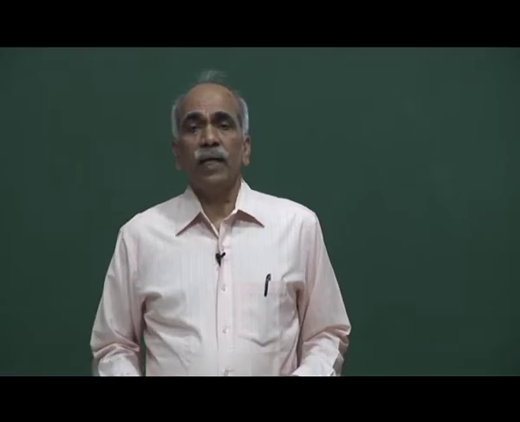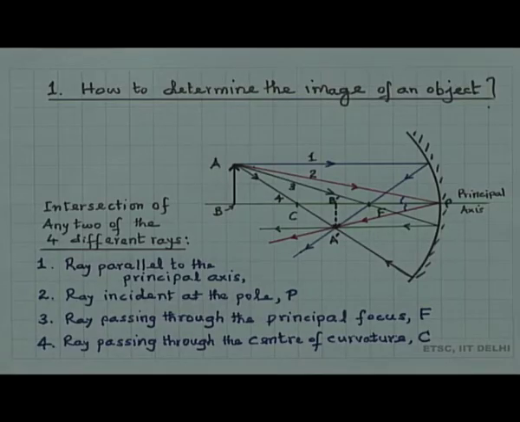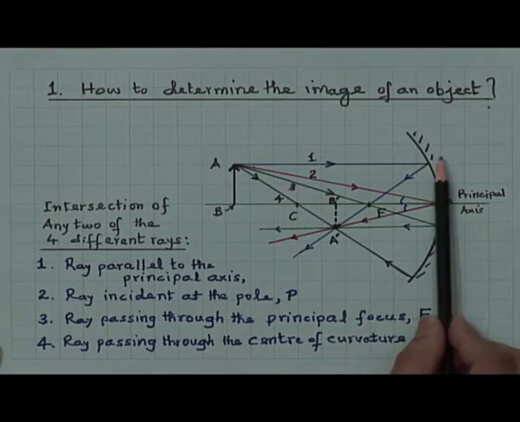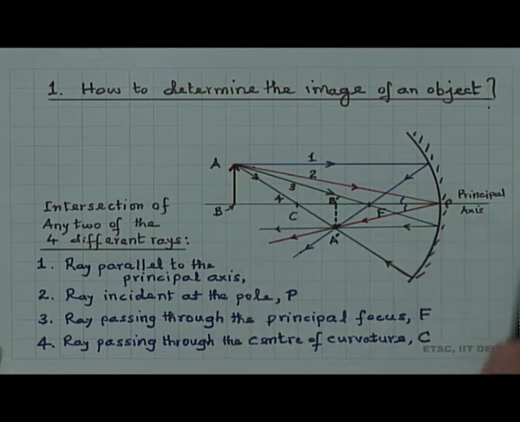We will see that there are certain circumstances when you can consider the parallel ray and one of these rays. Sometimes it is not possible to consider these, then you may consider others, whichever is convenient depending on the problem.